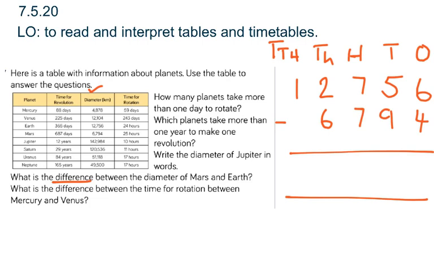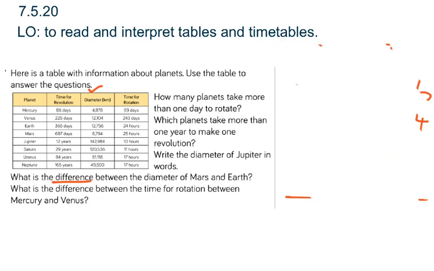Okay, I'm just mindful of the time I'm taking to do this, because the final question says, what is the difference between the time for rotation between Mercury and Venus? All right, so it's a similar process to what we just discussed. So time for rotation is on the end. I'll just get rid of that.